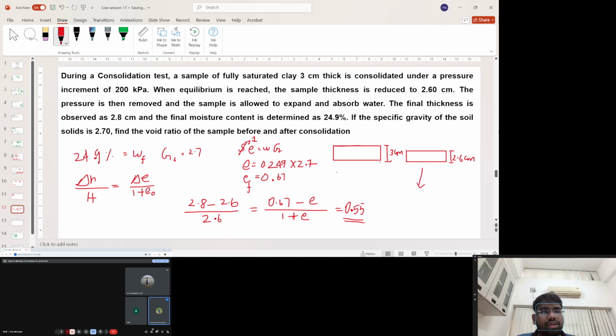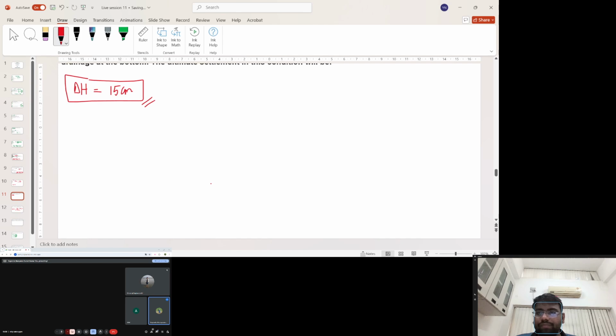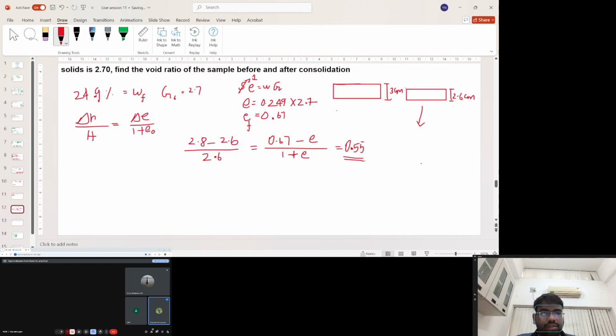Now we are removing the load. Again it is increasing to 2.8 centimeters. Understood? Here its voids ratio is 0.67.